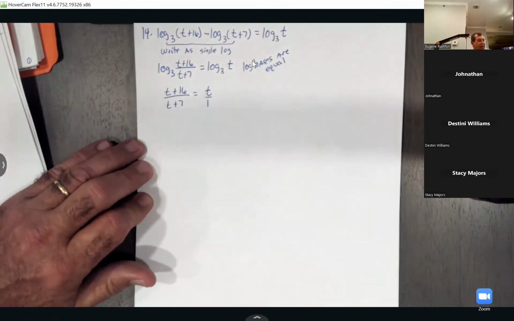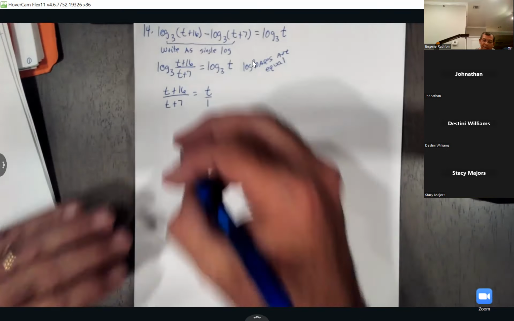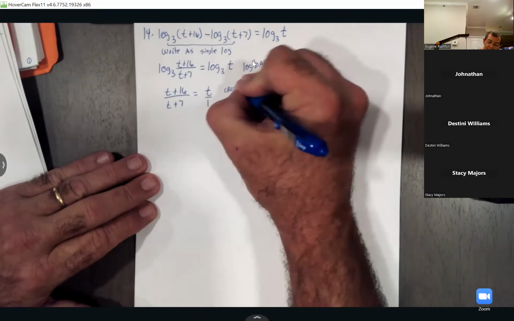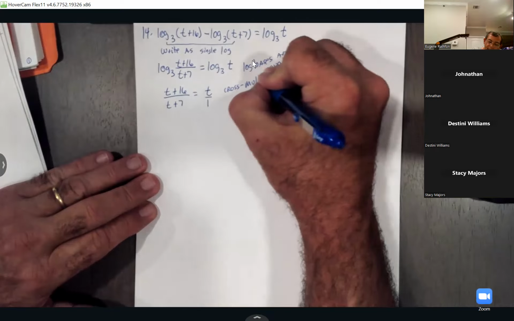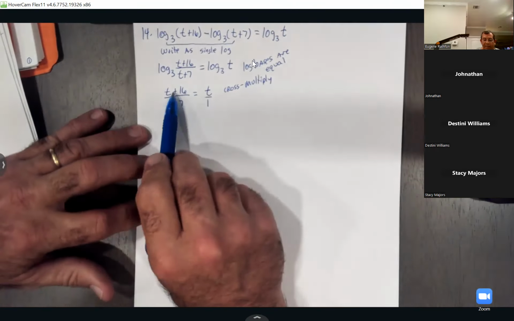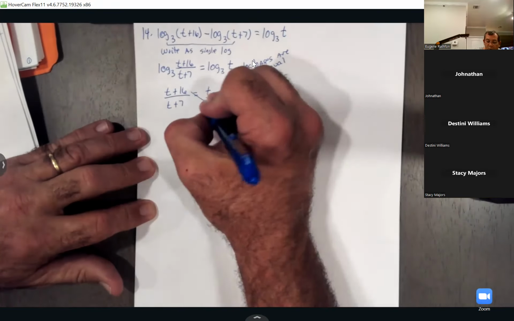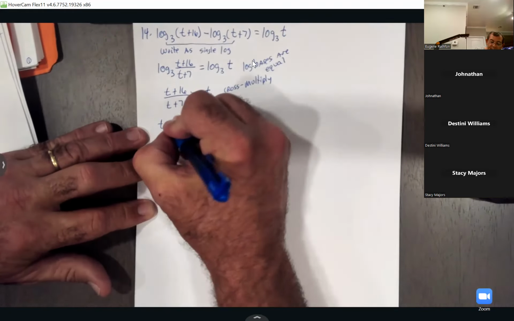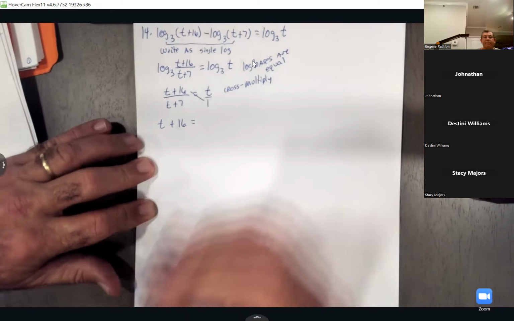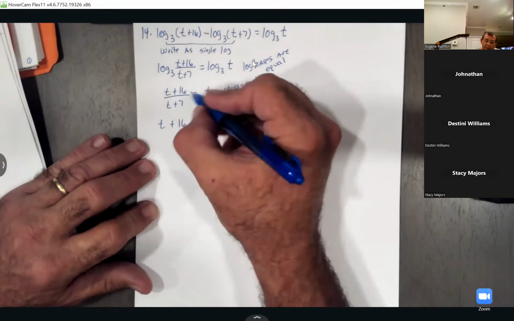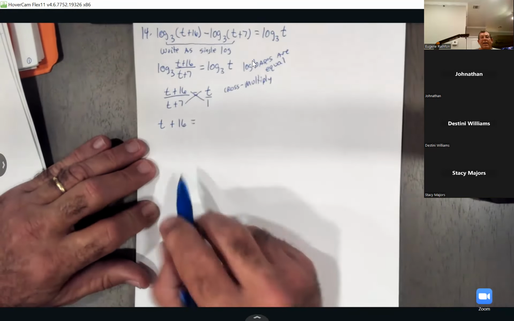I would put a 1 under that t, and I would cross multiply this. Cross multiply, take the top times the other one's bottom. So t plus 16 times 1 is t plus 16. Now, the t plus 7 multiplies by the t.